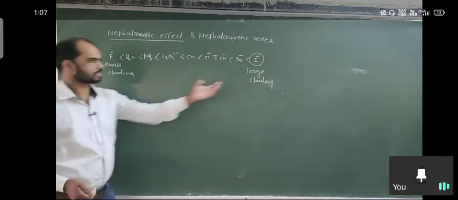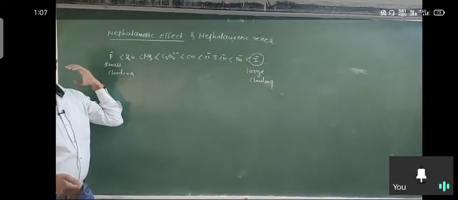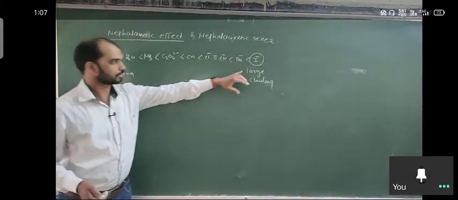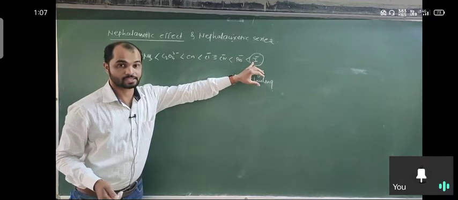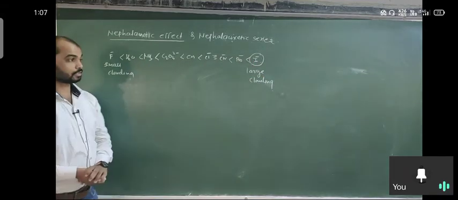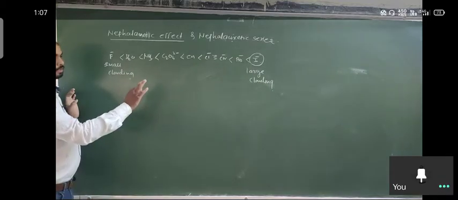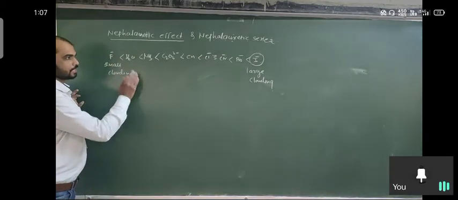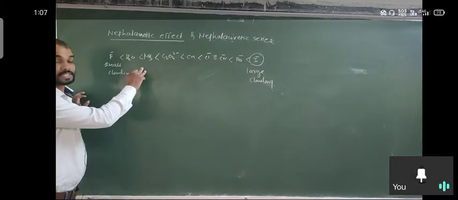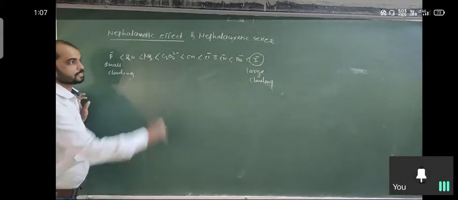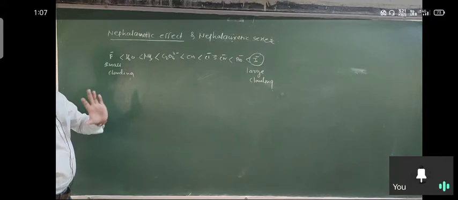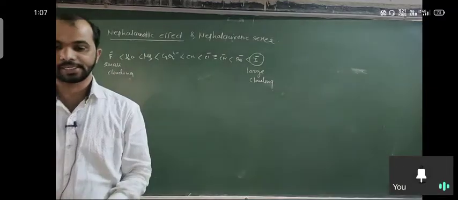So this is the decreasing order: iodine has the highest clouding as compared to fluorine. This is the reason. This is the nephelauxetic effect, and the series is called the nephelauxetic series. So that is all about the nephelauxetic series.